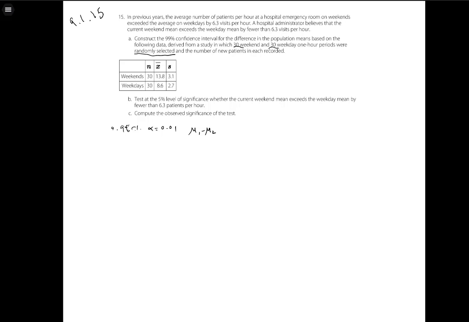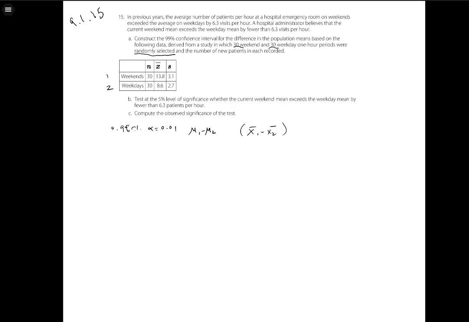If we look at our notes in the chapter, the confidence interval is going to be our difference in the means, and I'm just going to use 1 and 2 for weekdays versus weekends. You can use it either way; that's just how you choose to set it up. It works either way.